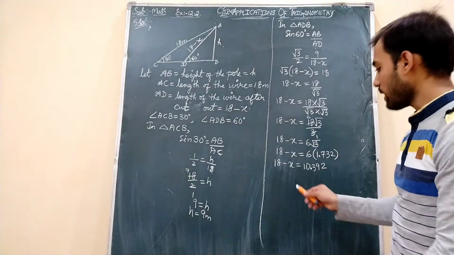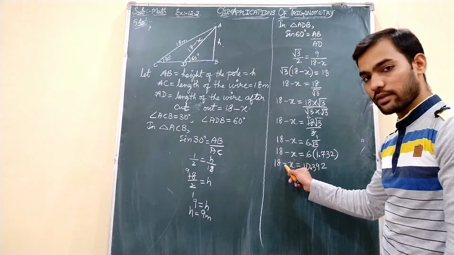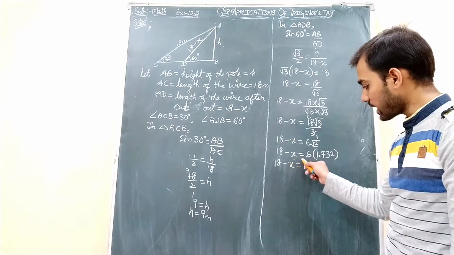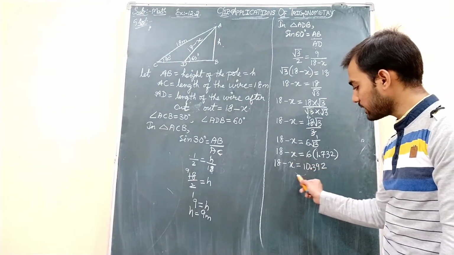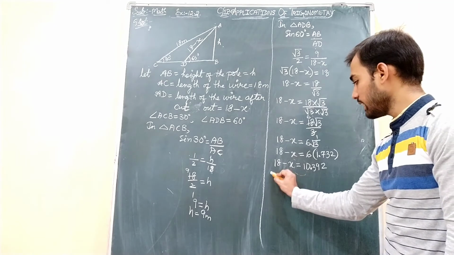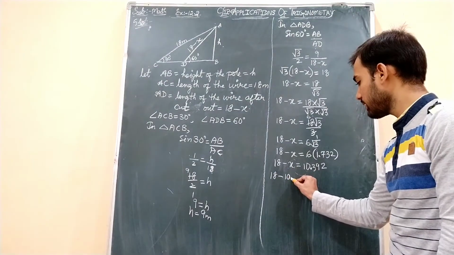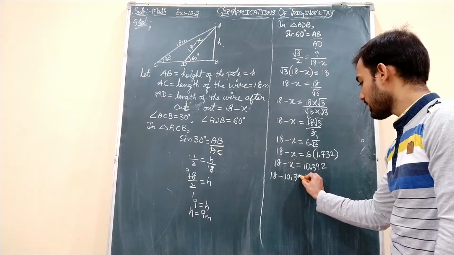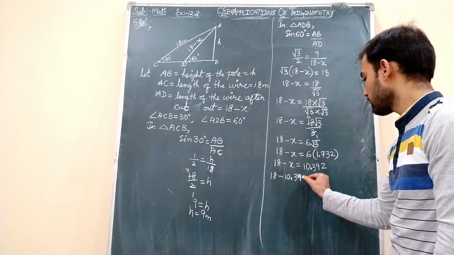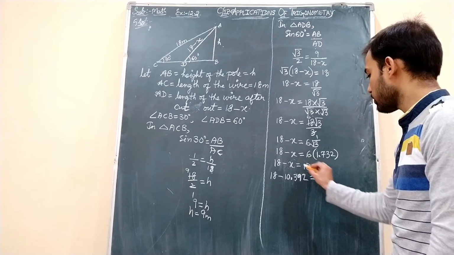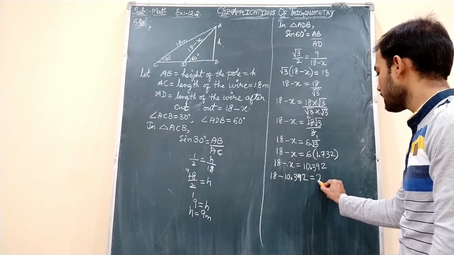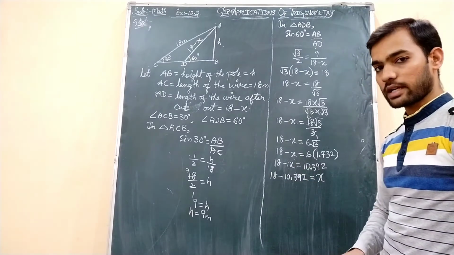Okay, so now as we have to find x, it is negative, right? So I will transpose this x towards this side and bring this towards the left side. So 18, if I bring this to this side, I will get minus 10.392 equals minus x; after transposing it becomes plus x, right, students?